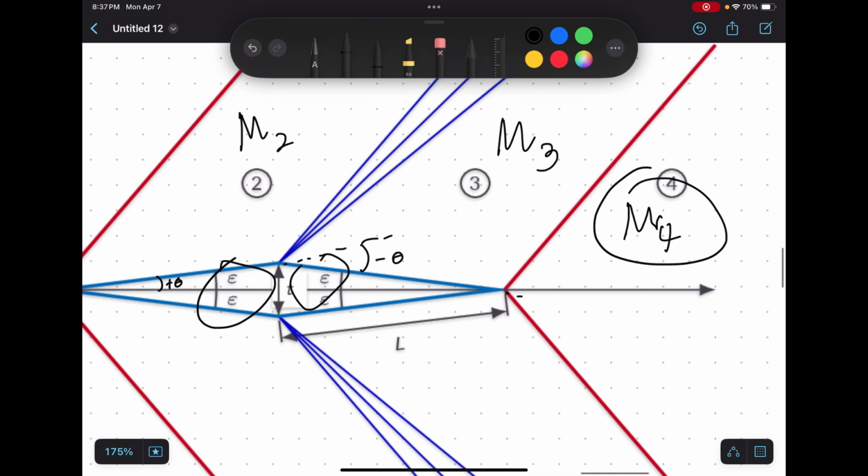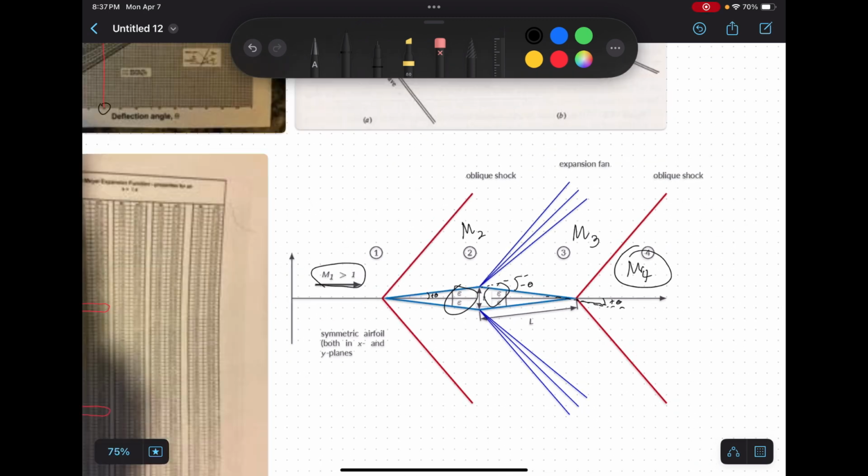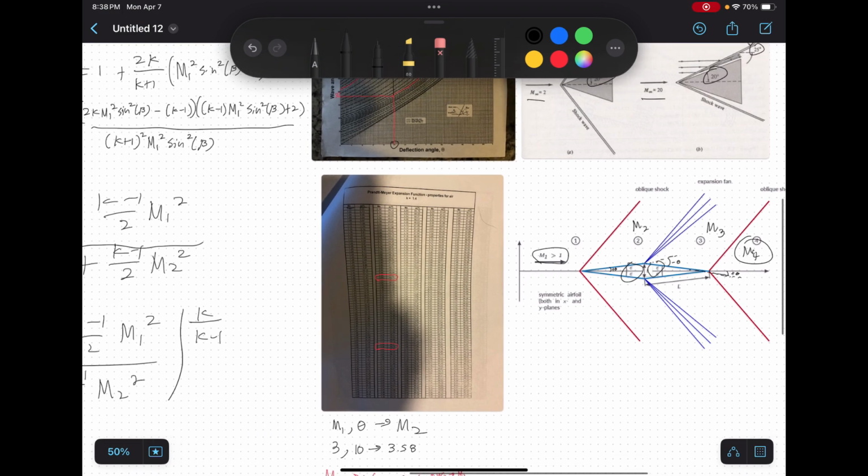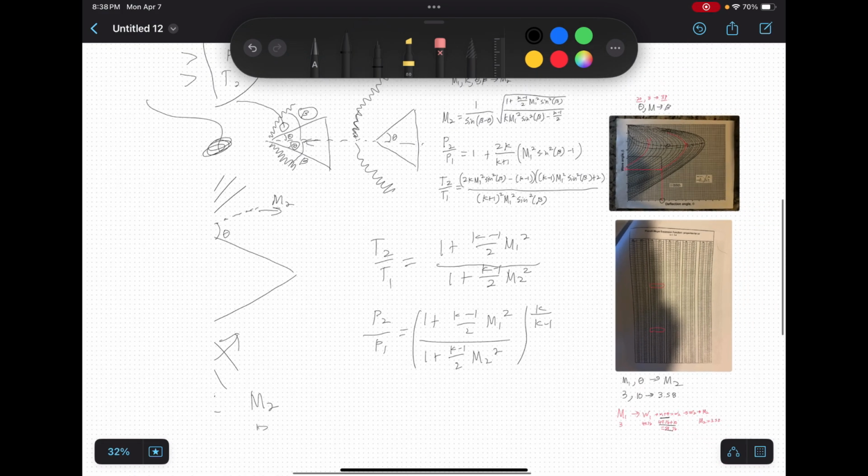And this would technically be a positive angle. And positive angles have oblique shocks, and negative angles have expansion fans.